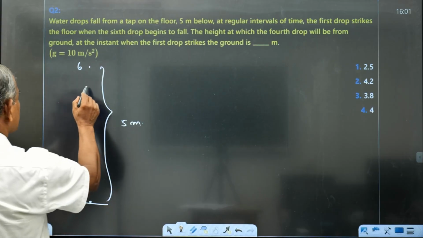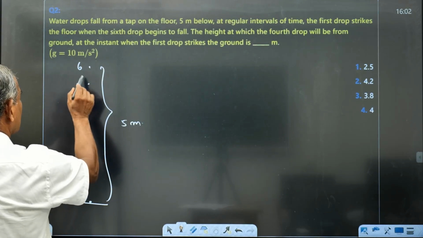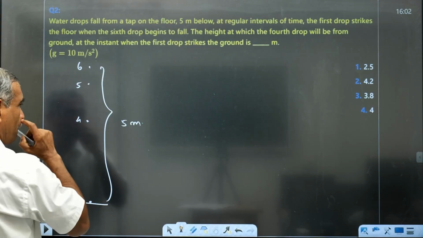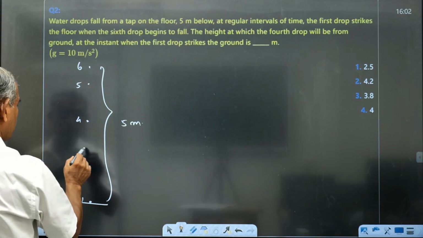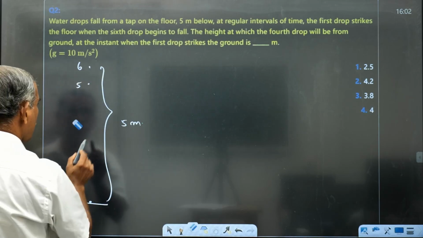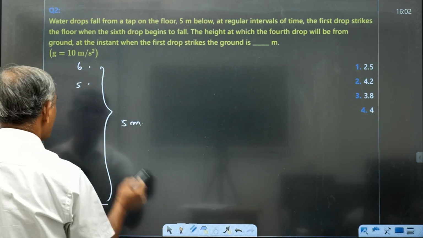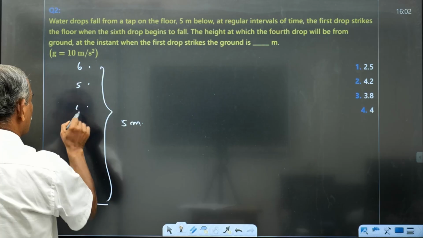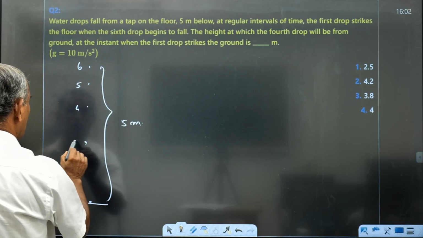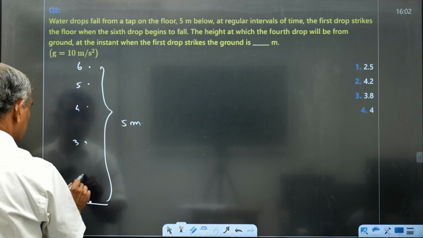Then this is the position of the fifth one, this is the position of the fourth one, this is the position of the third one, and this is the position of the second one.